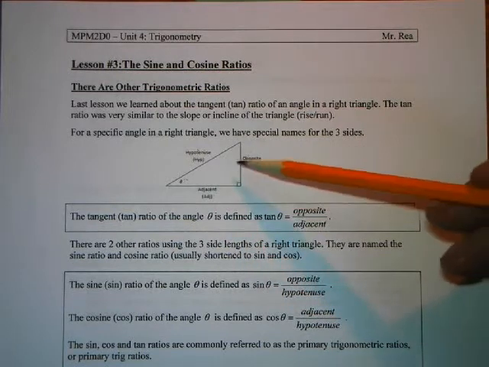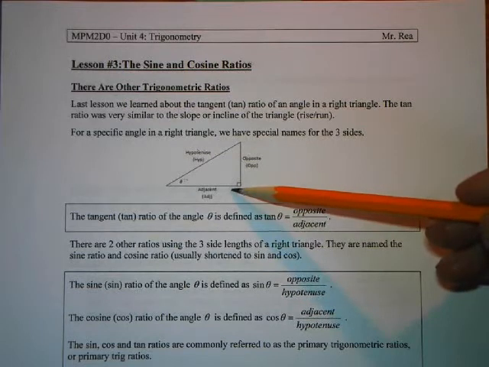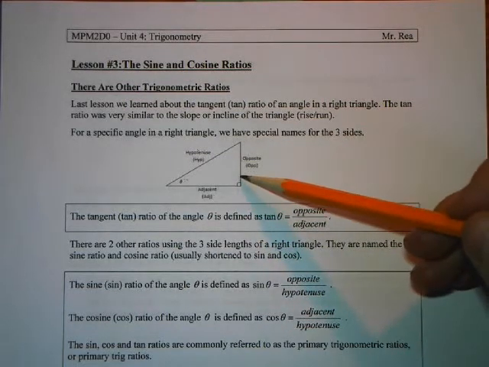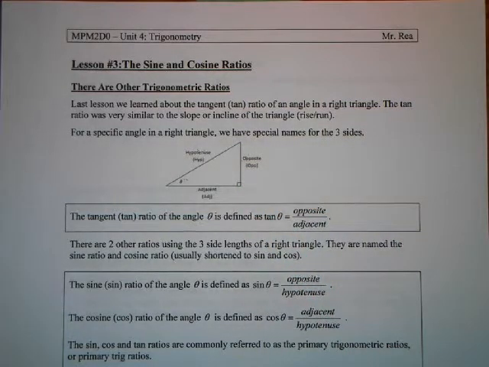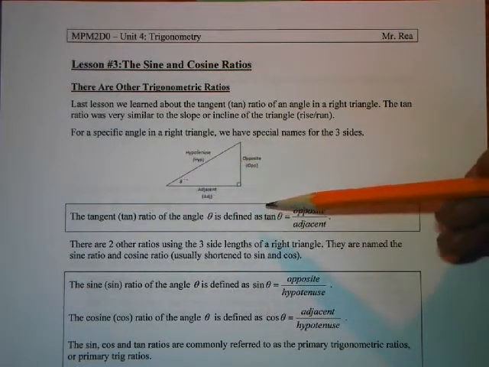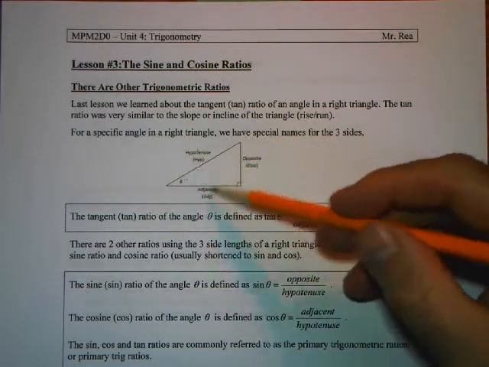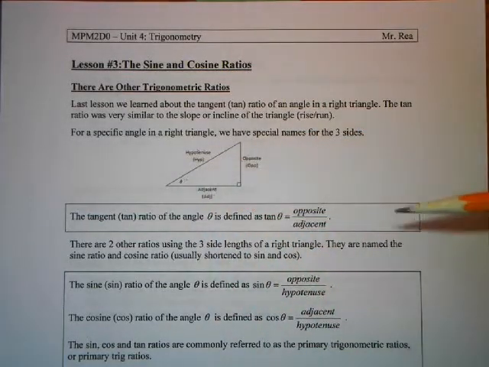In reality, you could figure out the third side because it's a right triangle. You could use the Pythagorean theorem, but that's an extra step. So we have these two other ratios that allow you to solve for missing sides or unknown angles of a triangle if you know any combination of two of these sides, or one side and the angle.